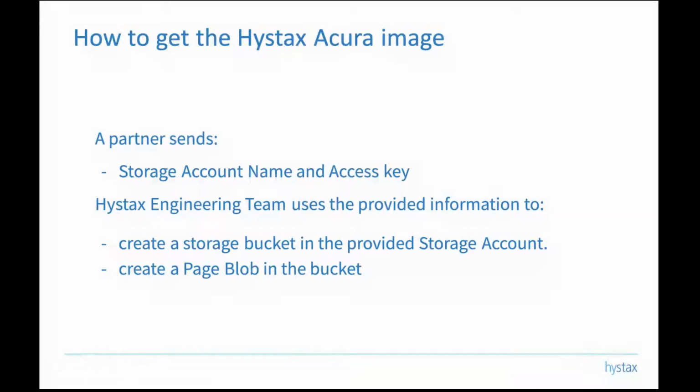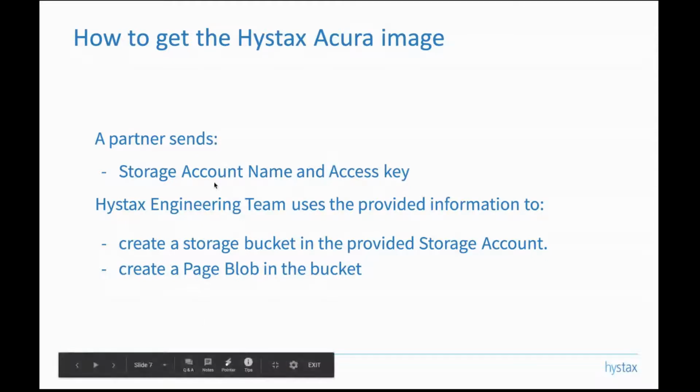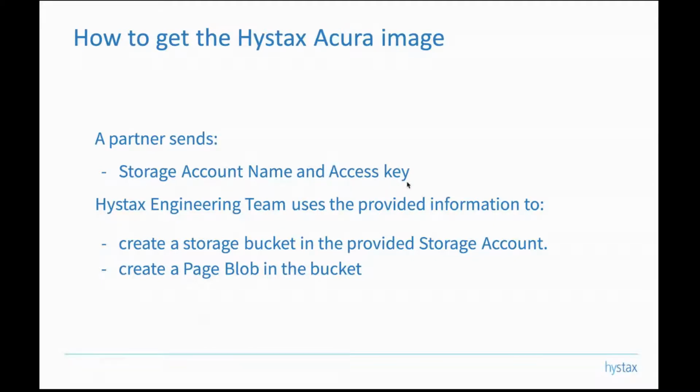The flow, how to get the image. I know that you all have already got through this point, but I just wanted to explain the flow a bit. Partners or customers share the storage account name and access key with us.